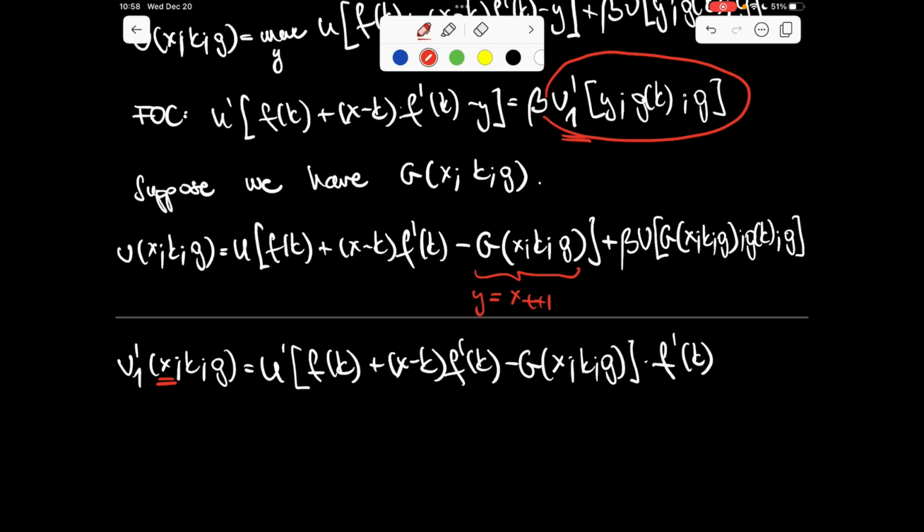So this is the variable with respect to which we are derivating the optimized Bellman equation.